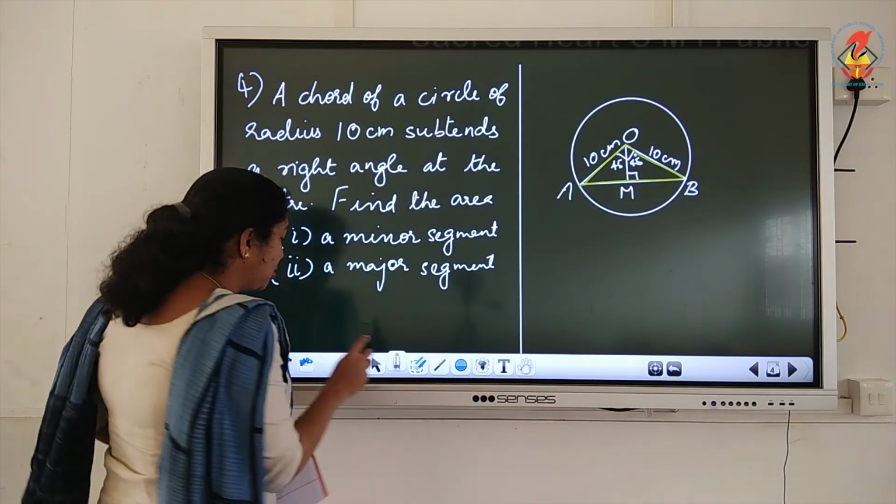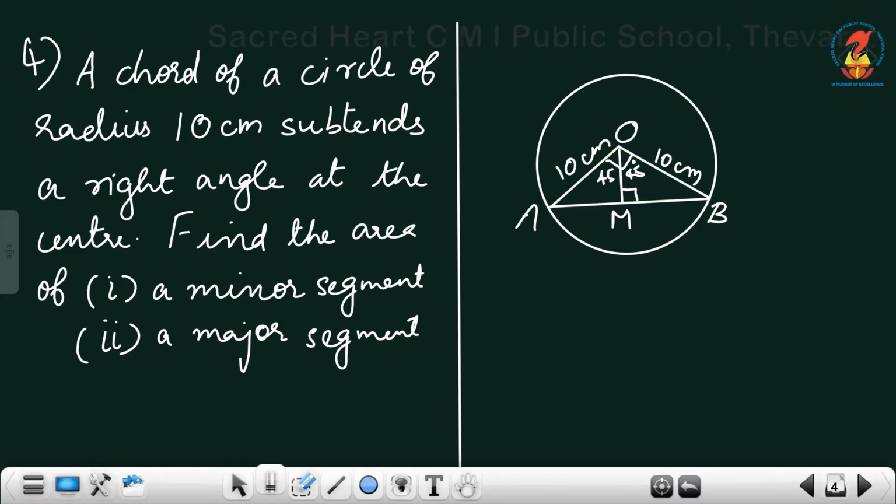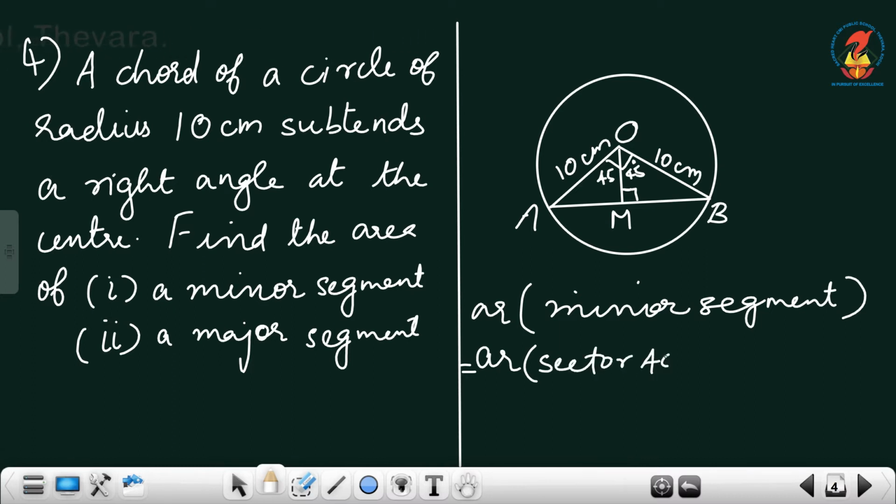That is what we are going to write. So, first we are finding the minor segment. So, area of the minor segment is equal to area of the sector AOB minus area of triangle AOB. That's the formula.